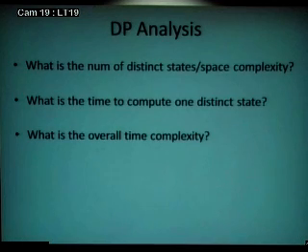Again, quick analysis. What is the number of distinct states, or the number of vertices in your converted DAG? 26 times m, right? Up to 26 times m, or number of vertices times m, because for every vertex, you attach how many moves you can make at that point in time. What is the time to compute one state?